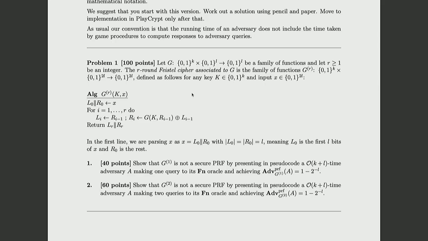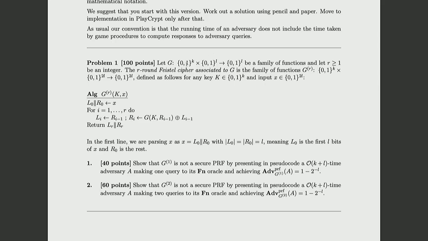How low an advantage? With PRF security, as good as you can get. You hope for as good as you can get. Here it doesn't have to be a block cipher, so there's no birthday attack.